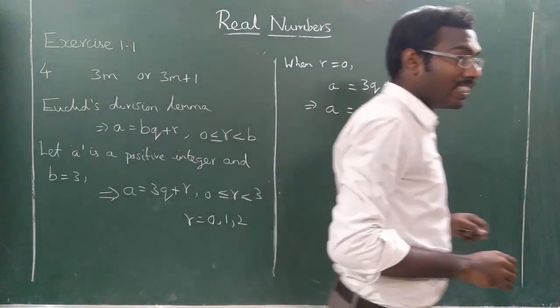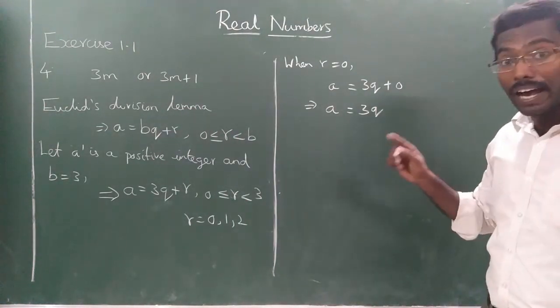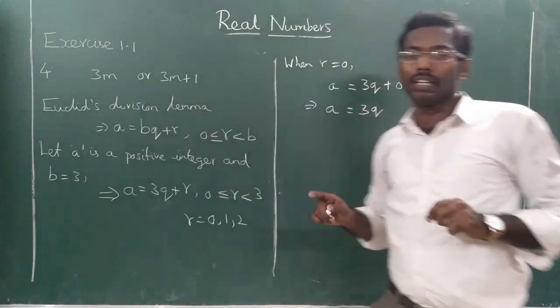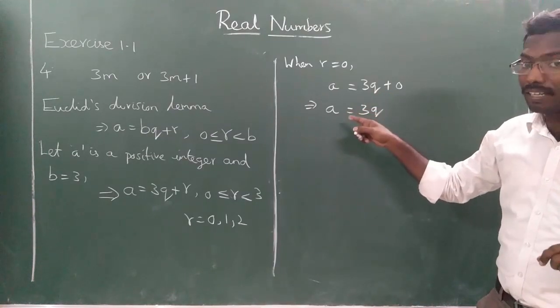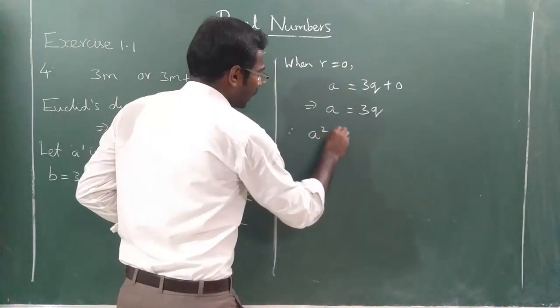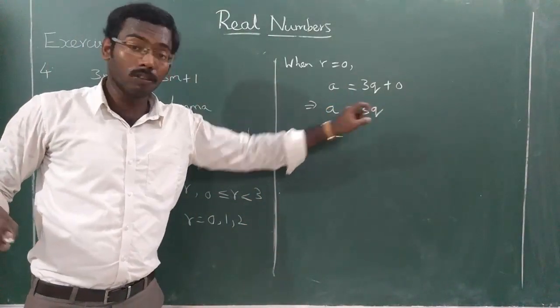So in the question, they asked us to find the square. The square of any positive integer is of the form 3m or 3m plus 1. So we have to find the square of this number. Therefore, A square is equal to, if you square here, on the right hand side also you have the square.